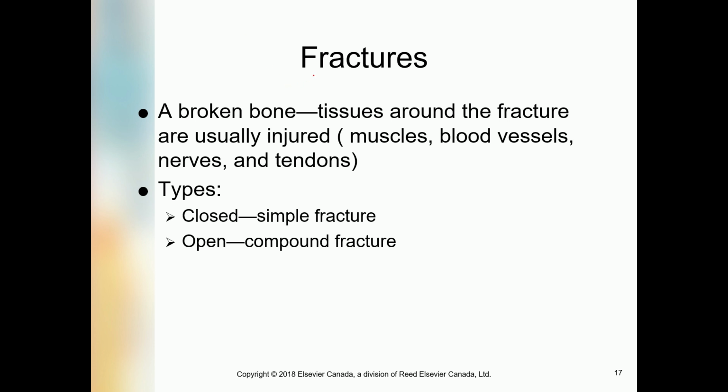Now the fractures. There are different types of fractures. A fracture is a broken bone. The tissue around the fracture is usually injured. When a fracture happens, the muscle, blood vessels, nerves and tendons, all these parts of the musculoskeletal system, are badly affected by the injury.